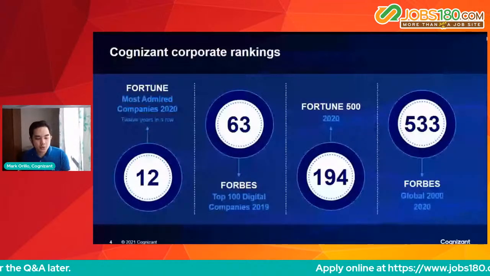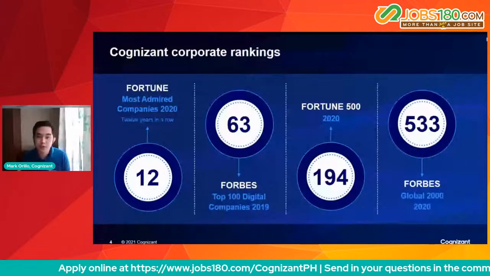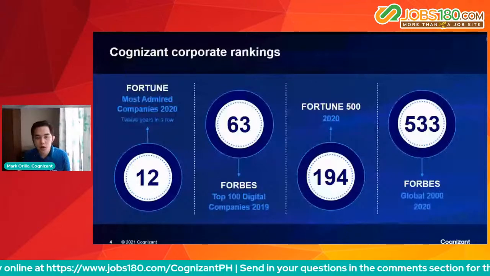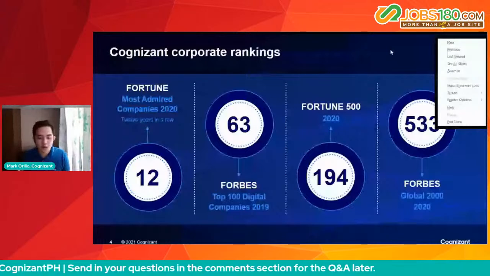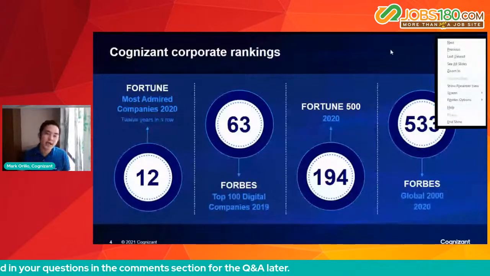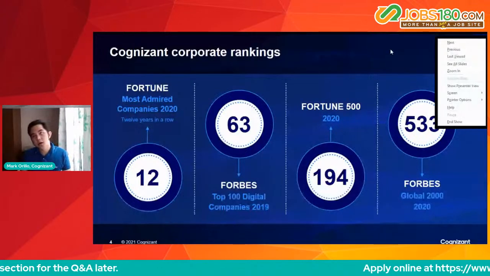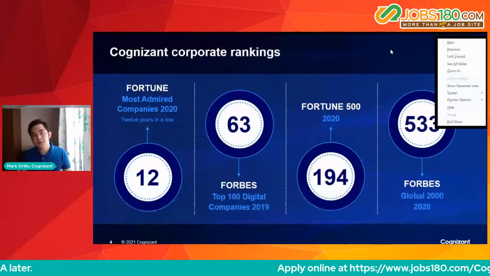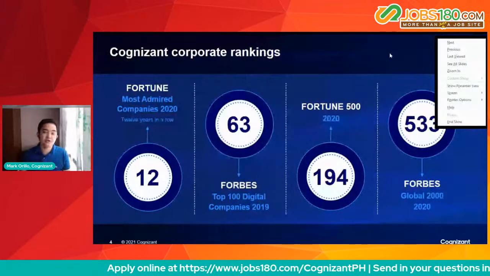Who among you here is familiar with Fortune 500? You can comment familiar in the chat box if you are. For those students who are not familiar, it's an annual list published and compiled by Fortune magazine, wherein they rank the 500 largest U.S. corporations in terms of revenue.